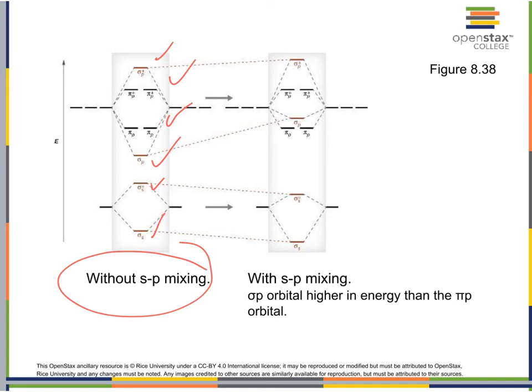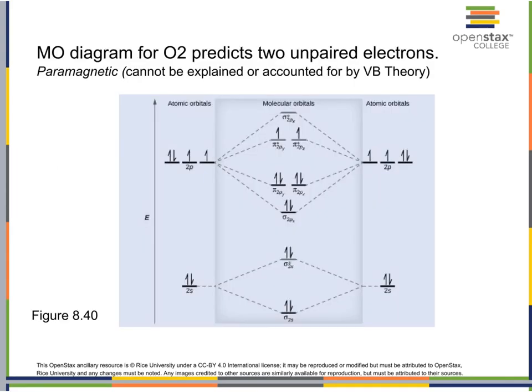Here with the mixing, it goes sigma s, sigma star s, and then the pi is the lower energy. So the pi 2p's are lower in energy than the sigma 2p, which is right up there. And then you go up to the pi star 2p's and then on up to the sigma star 2p's.